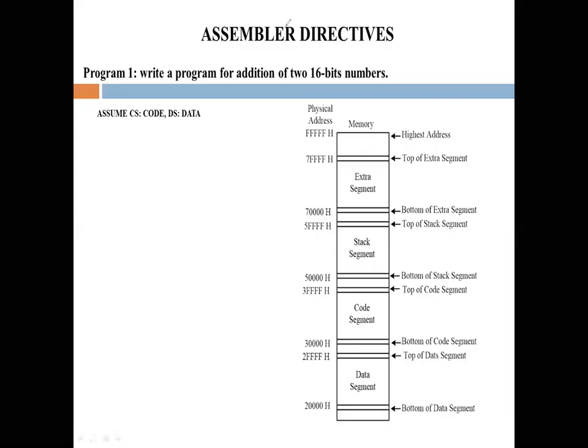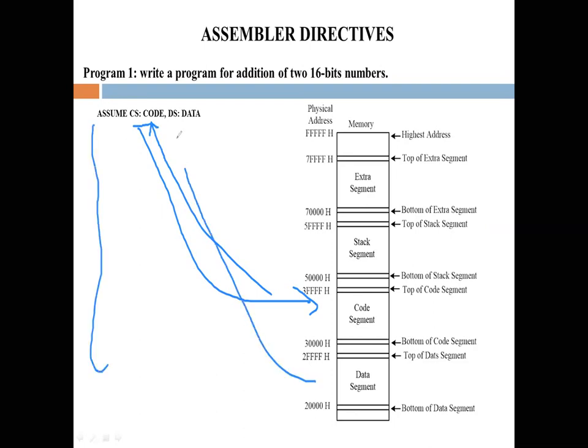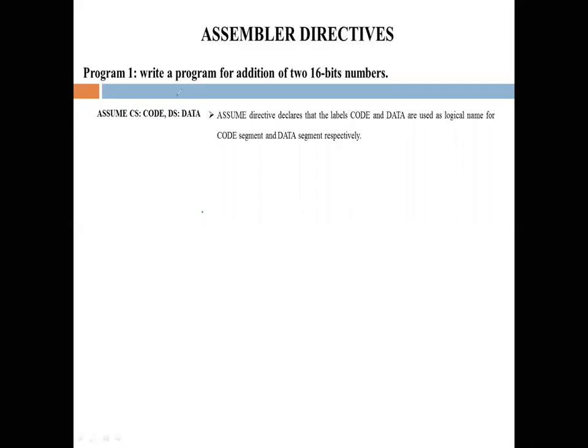Now we assume CS, it means code segment, as code in our whole programming, and data segment as data in our whole programming. First we write assume CS code, DS data. The assume directive declares the labels code and data.